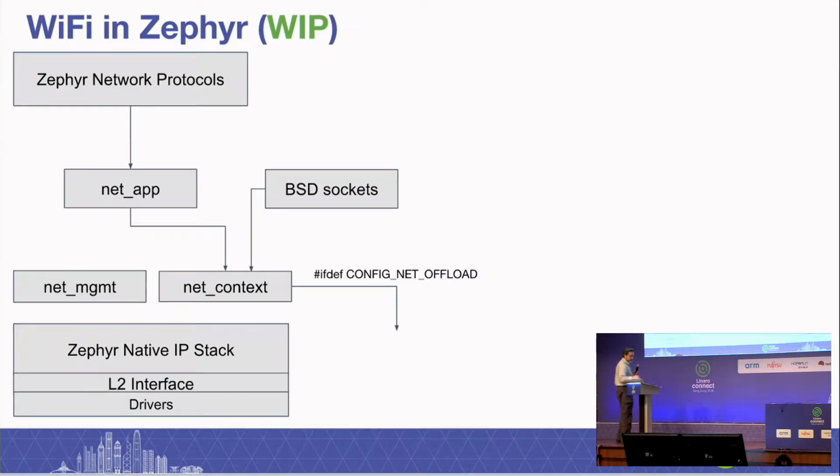So I started actually implementing a Wi-Fi driver off of this offload tap, and as I went through it, I realized that there were some issues there. One was that there's a lot of impedance matching, or mapping, between the asynchronous APIs of net context and the synchronous APIs of the BSD socket API, which is what SimpleLink uses.